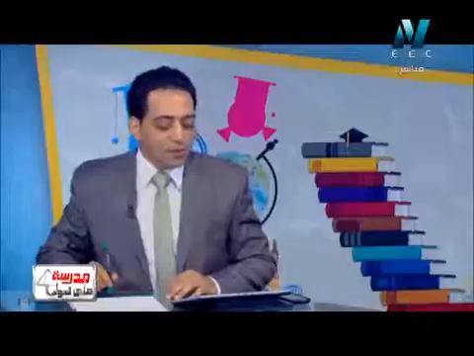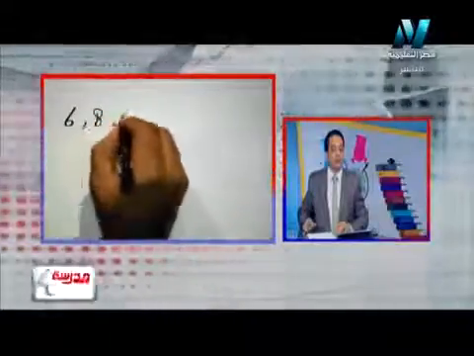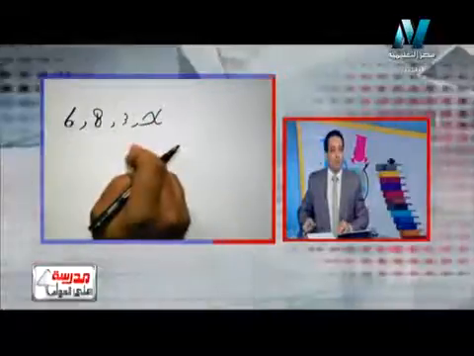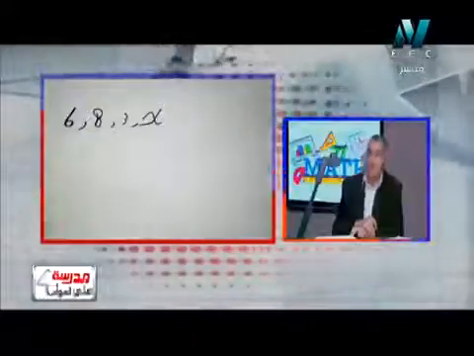This one says, find the missing number x for the following numbers to be proportional: 6, 8, 3 and x. How can we find the value of x which makes these four numbers proportional?